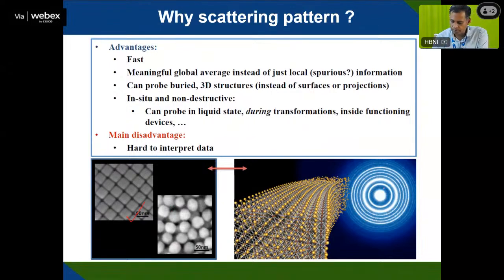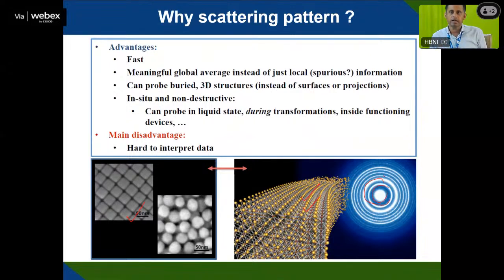But here, if you see these diffraction rings, you can see the information buried inside, the 3D structure. It's an in situ and non-destructive technique, and can probe the liquid state during transformation, like when some phase change is happening, or in functional devices. Those information you can get in the liquid state.